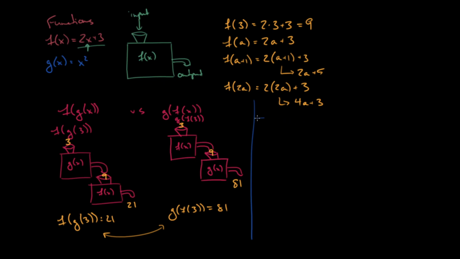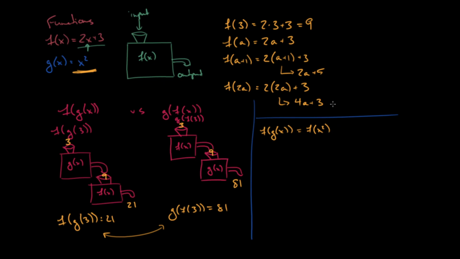So another way of writing this is if I want to rework f of g of x, well, what is g of x equal to? G of x is equal to x squared. So what this is equivalent to is f of x squared.